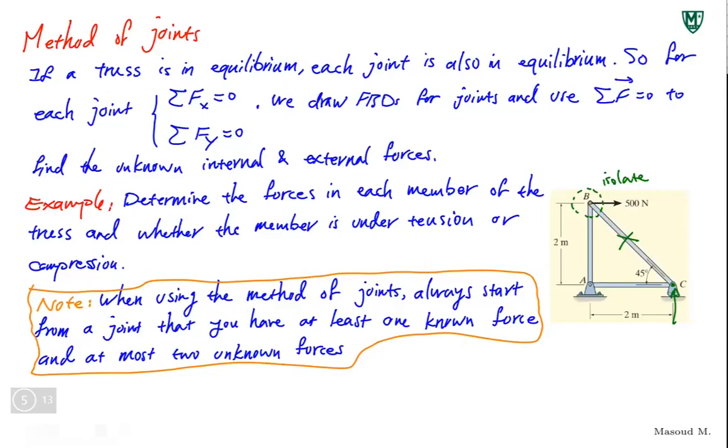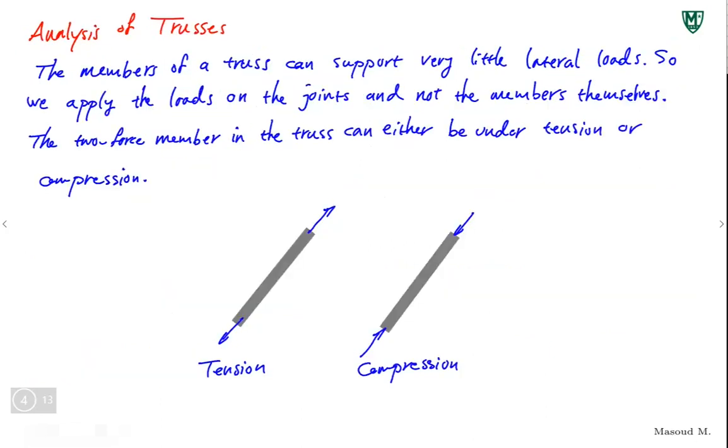So if this member is under compression, let's keep looking at member BC, right? It's under compression. If it's under compression, these two forces on both sides are trying to compress this. Now, I'm looking at joint B, not the member BC, which means that I have to put the opposite force, same magnitude at joint B. This one is under compression.